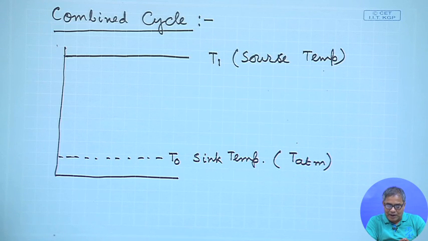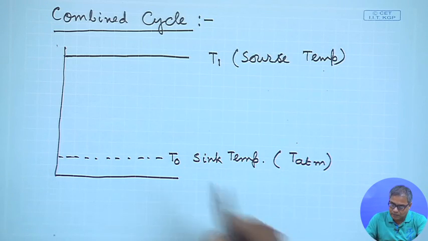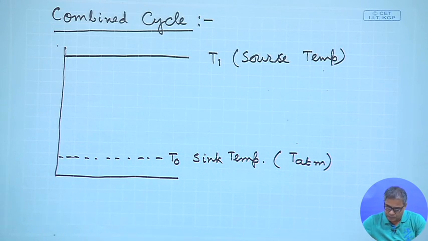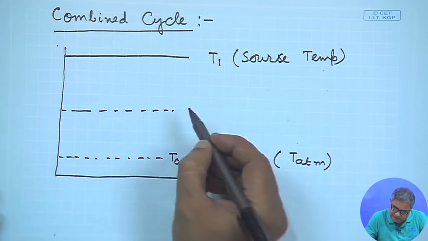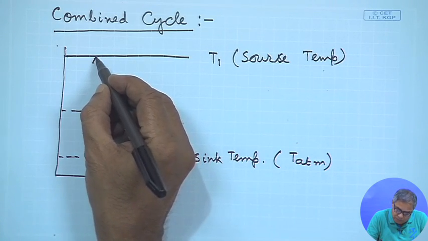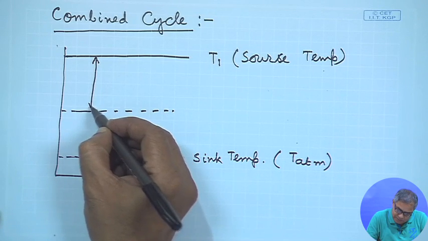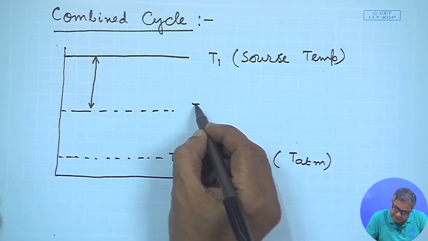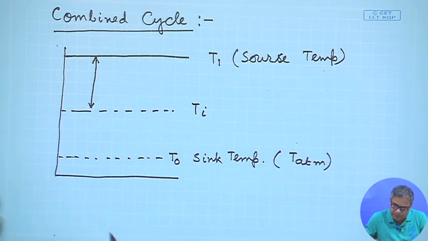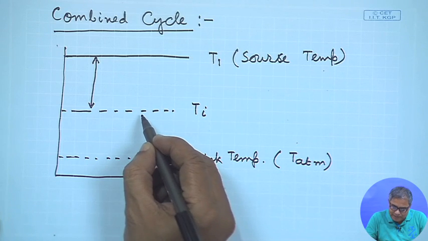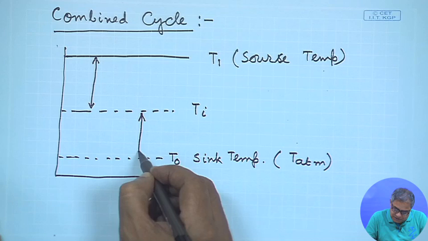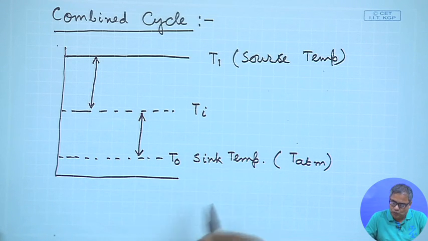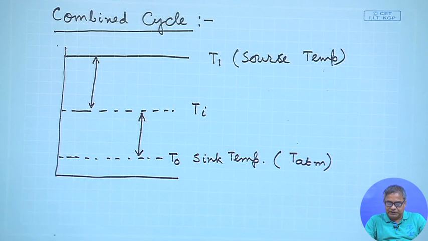So, what happens? Either one has to have a cycle, let us say from T 1 to some intermediate temperature, let us say we call it T intermediate, or one can have a cycle from some temperature T intermediate to T 0, that is the sink temperature.